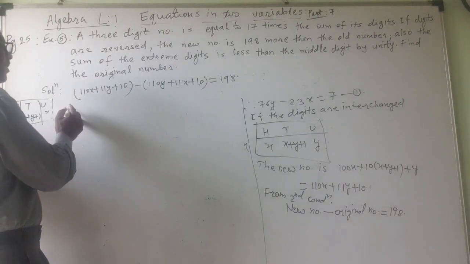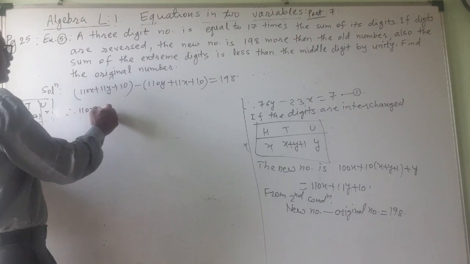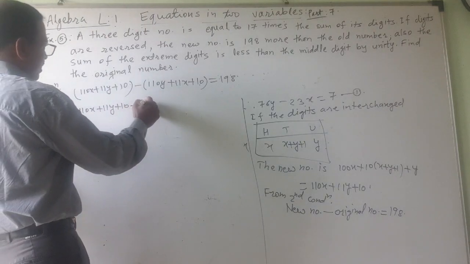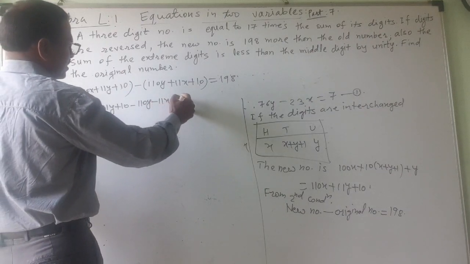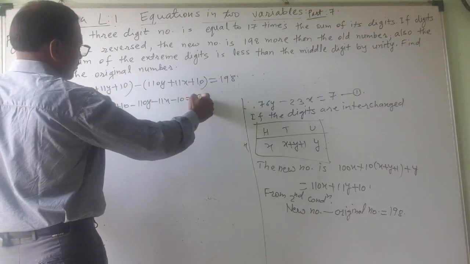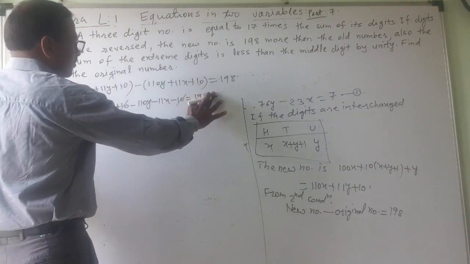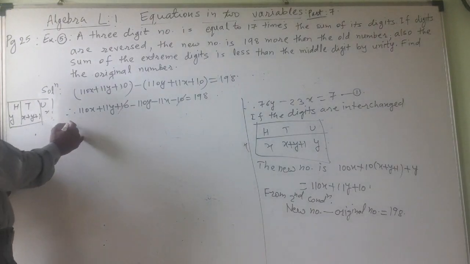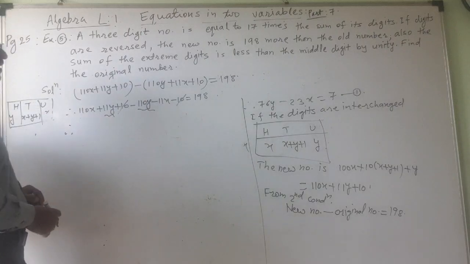Therefore, I will open the bracket. 110x plus 11y plus 10 minus 110y minus 11x minus 10 is equal to 198. This minus 10 plus 10 will get cancelled. Therefore, this is 110y, this is 11y.